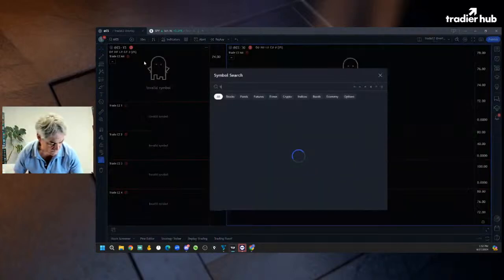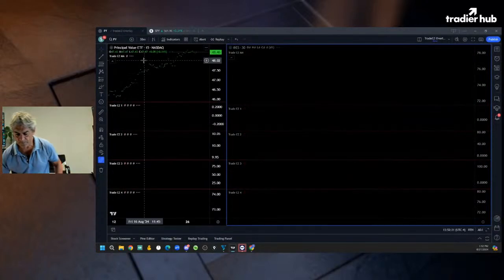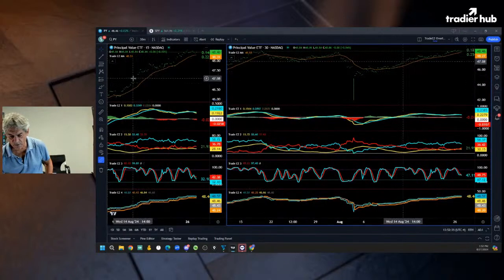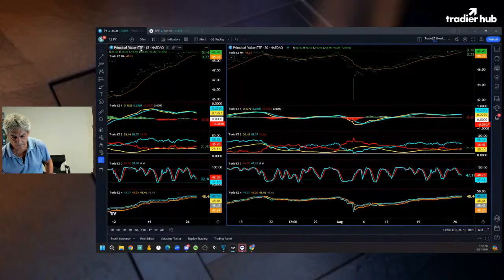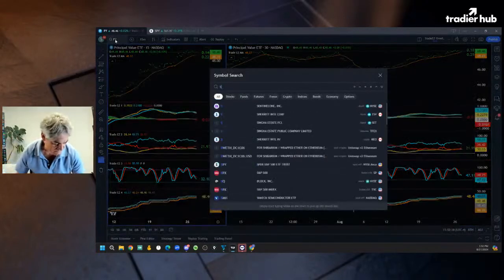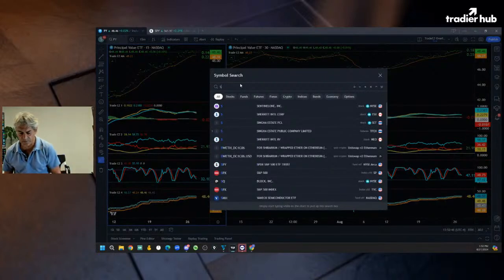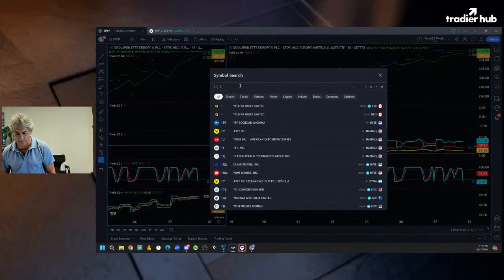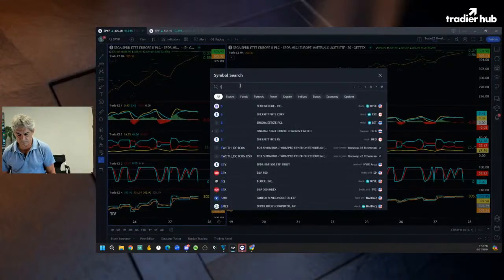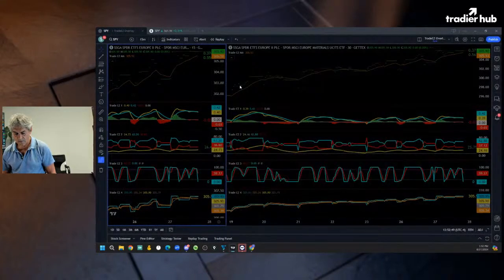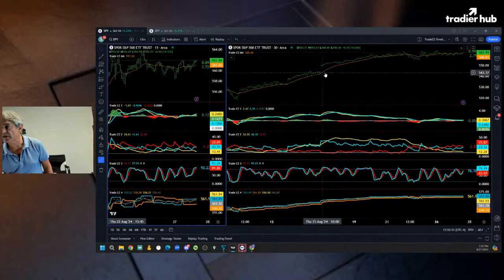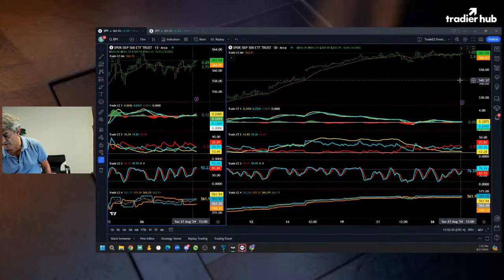Let me type in the spiders, SPY. Okay, there it goes. So there's the pullback right here.